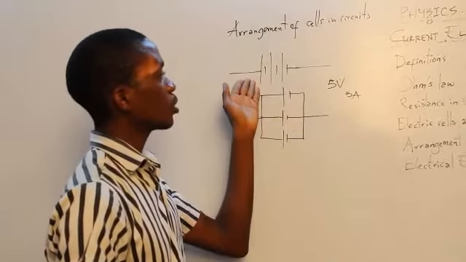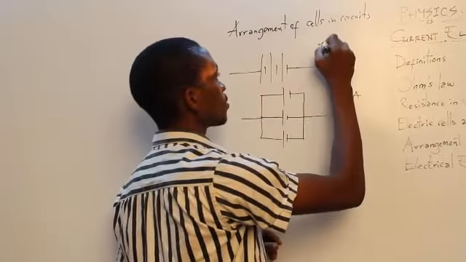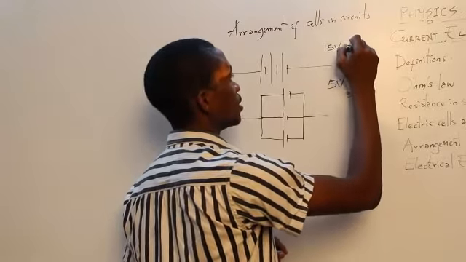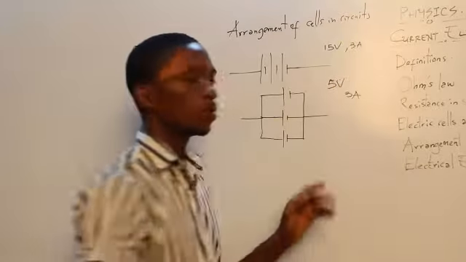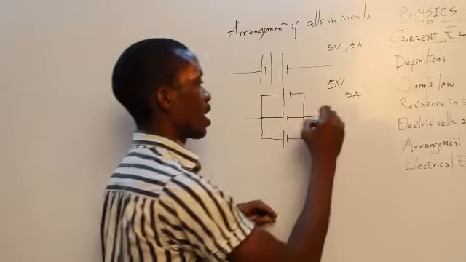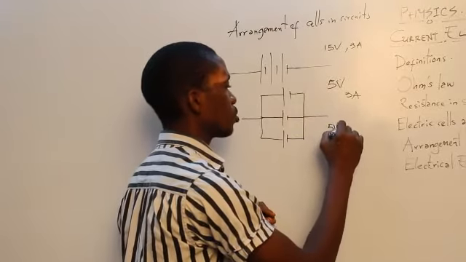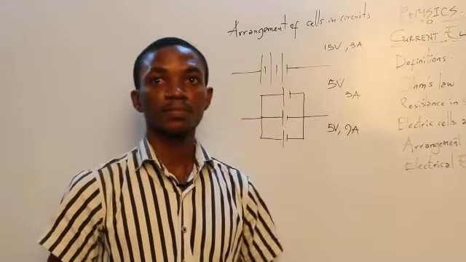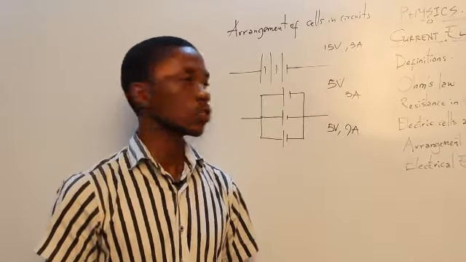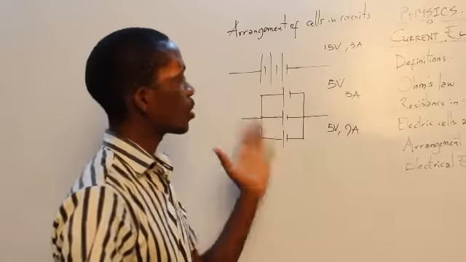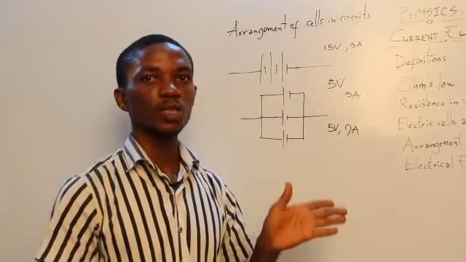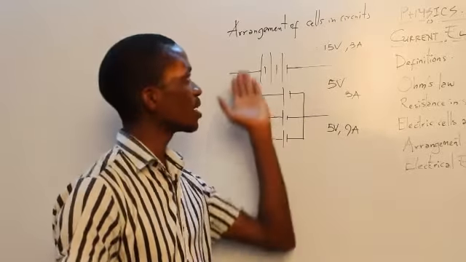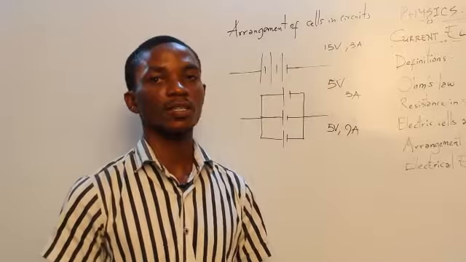In this particular connection, I'll have 15 volts and 3 amperes. But in this particular connection, I'll have 5 volts, 9 amperes. So these are the differences that connection in series and connection in parallel make in the arrangement of cells and circuits.